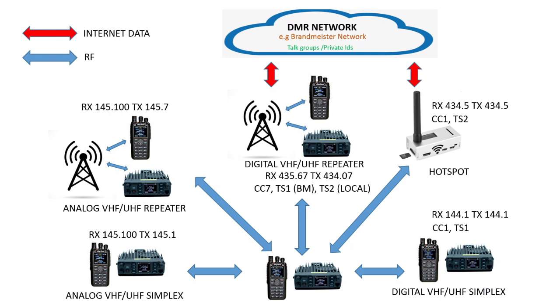For example, if you wish to go through the repeater to the DMR network to access different talk groups or private IDs, you need to configure your radio with time slot 1. And if you want to go through the repeater for local digital communication, then you need to assign the time slot as 2.